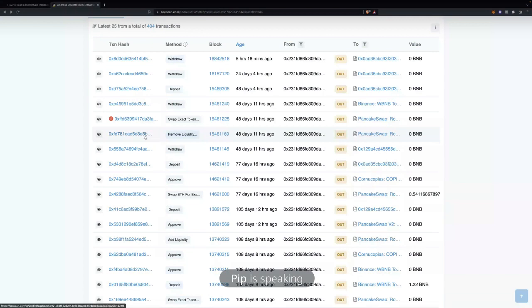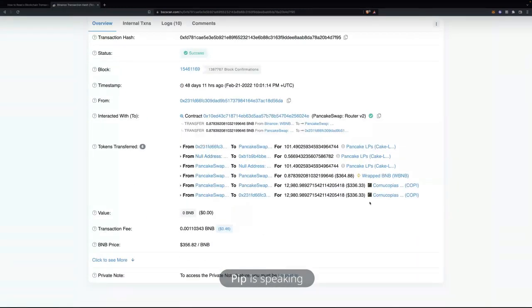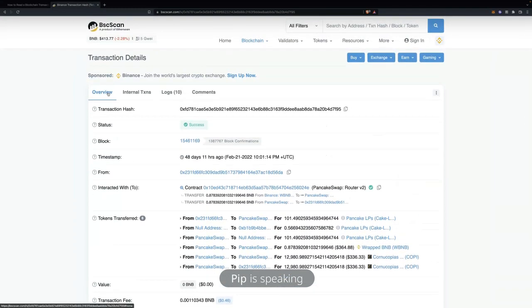But this tells us that that particular transaction, as you can see here, there you go. So they actually are the owners of Cornucopias because they have removed the liquidity for it. And it was only about $336 worth of it. So it might have been a very tiny project that didn't work out.